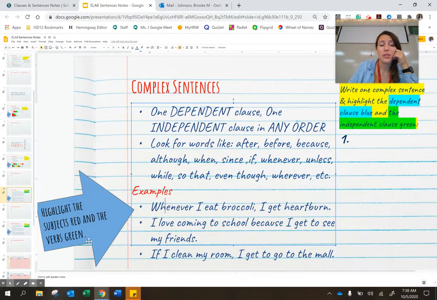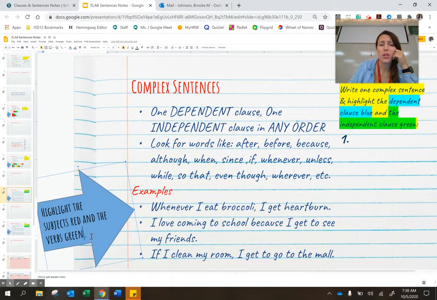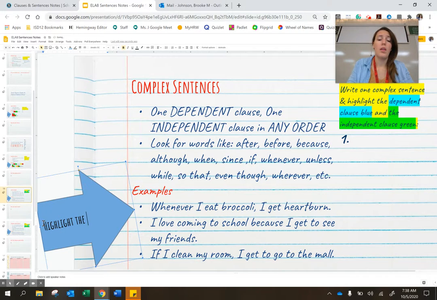So highlight, we're actually going to do, no, we'll do this. No, highlight the independent clause red and the dependent clause green.